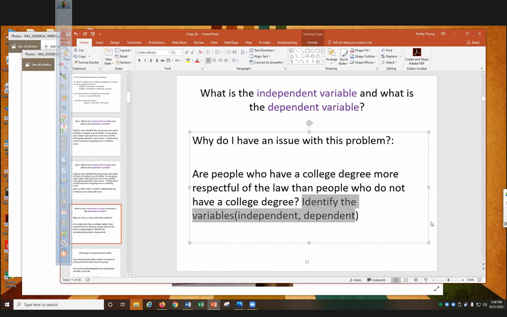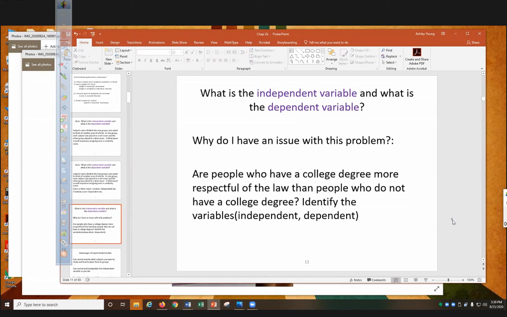You're going to get arrested less. So what they're trying to say is that the independent one, the one that causes things, is having a college degree. So they're saying that having a college degree causes you to be more respectful of the law, to be arrested less. That's what they're kind of implying.